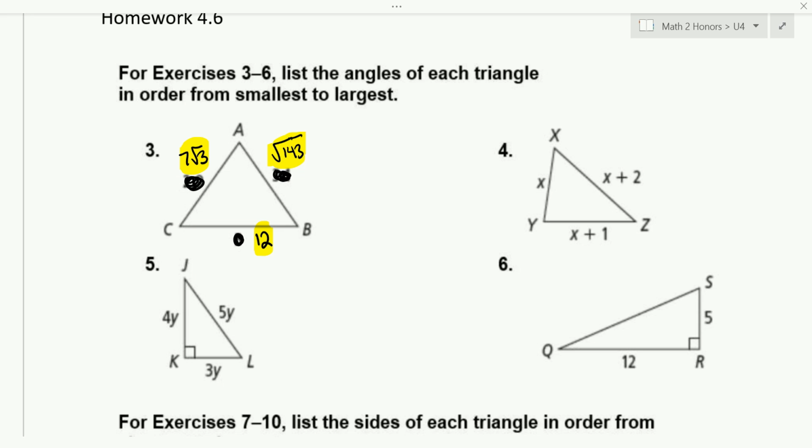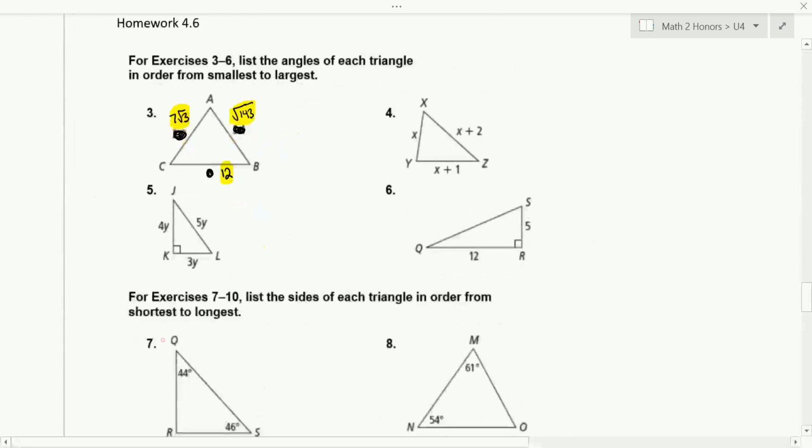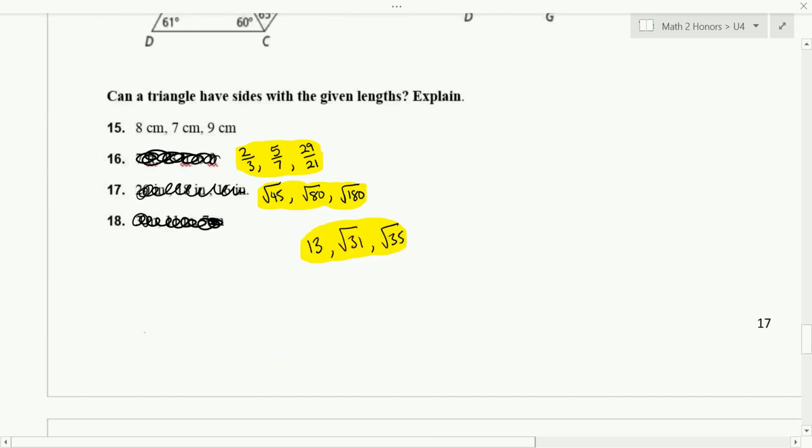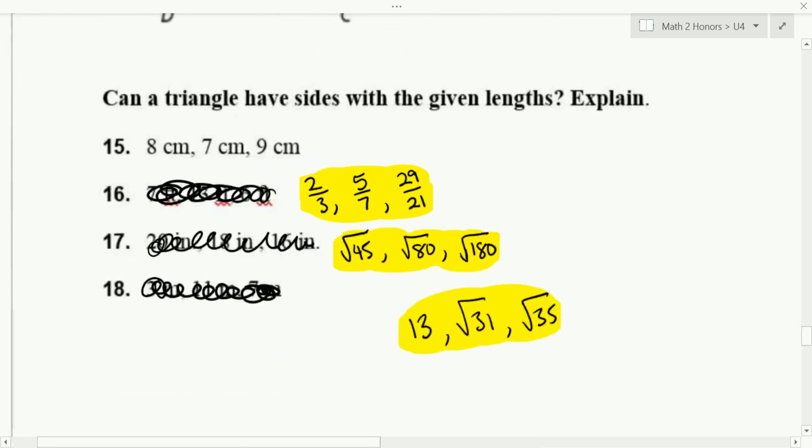Your brain is the best calculator out there. Okay, everybody got 3 down? There's one more change I want you to do to the homework. On this section, I want you to change 16, 17, and 18 to what I have here.